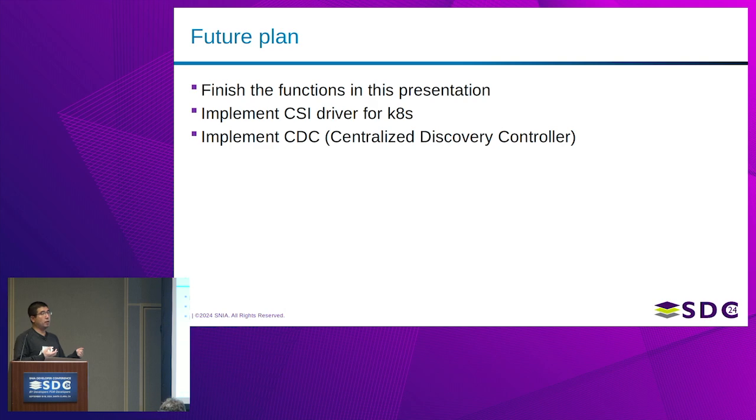This is required because, for example, if we want to take one controller node offline, the host may assign a controller to a new controller node. The host should have a way to know it. Right now, without the CDC, the host has to run something like a discovery API to know the new disk node. But if we have a CDC, the host will know it automatically.